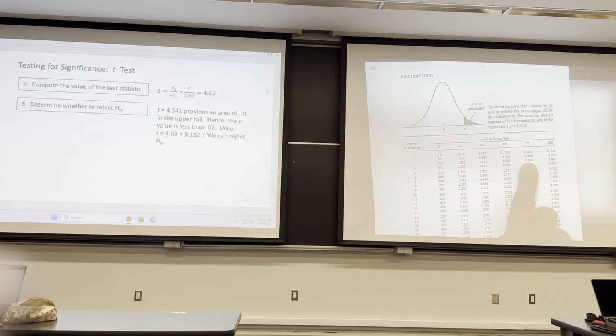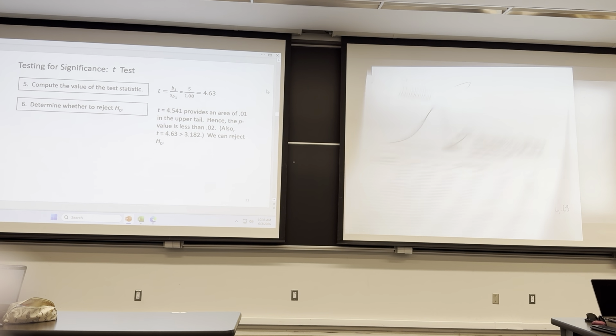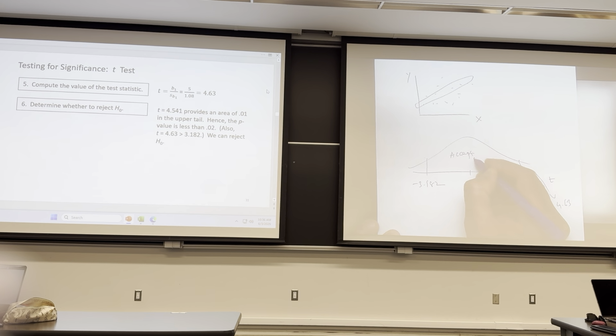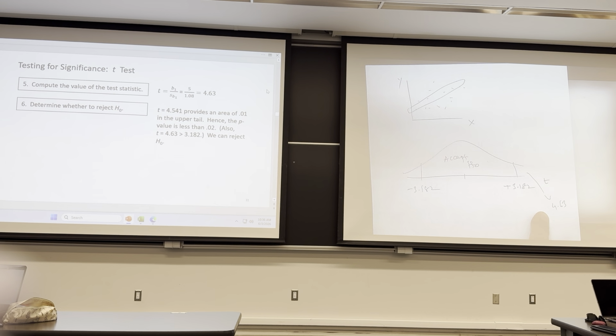Your p-value is less than alpha. Remember from yesterday, we spent a lot of time on p-value. If p-value is less than alpha, reject it. And that's what we are doing over here. Your T observed is in the rejection region, so reject H0. P value is less than 0.02, which is less than alpha, reject H0.